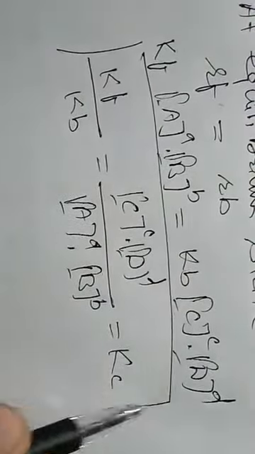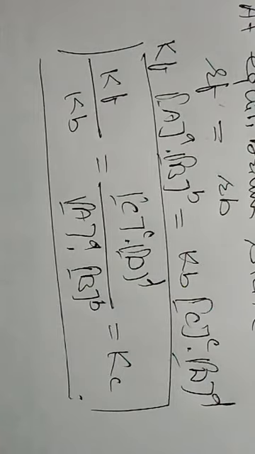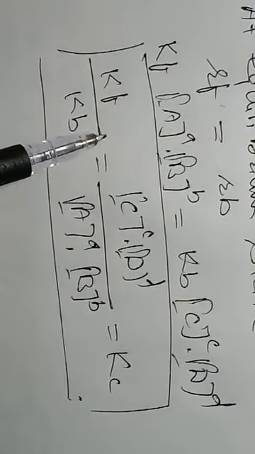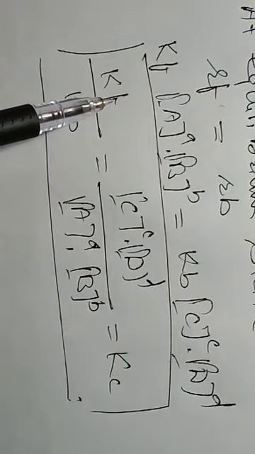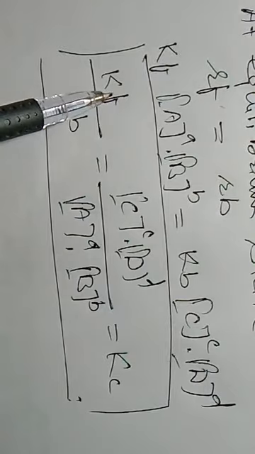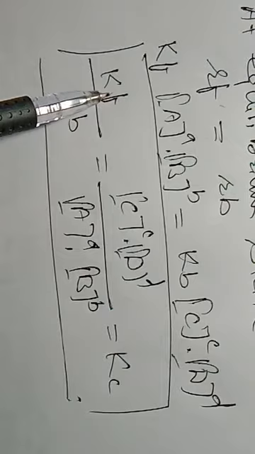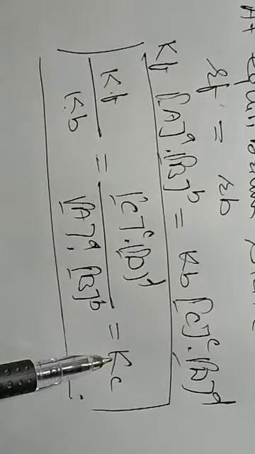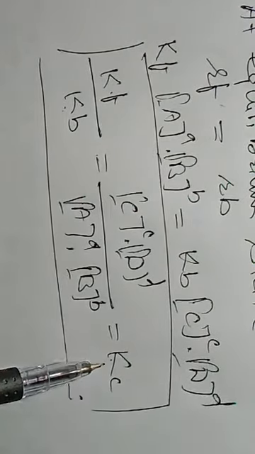So this is the law of chemical equilibrium. Okay, so according to the law of chemical equilibrium, the ratio of the rate constant of forward reaction over backward reaction is equal to a constant K, which is known as the equilibrium constant.